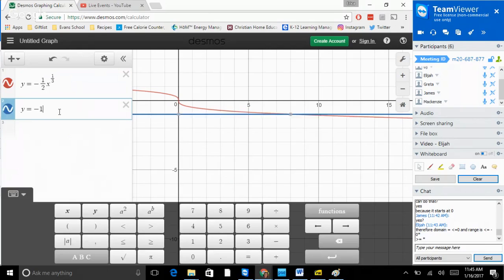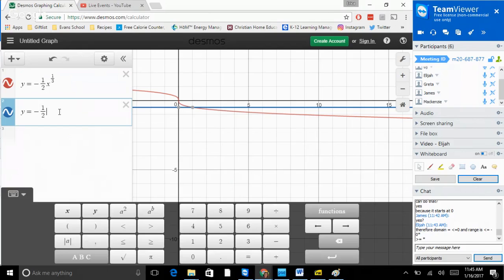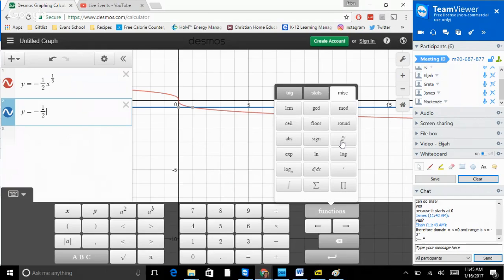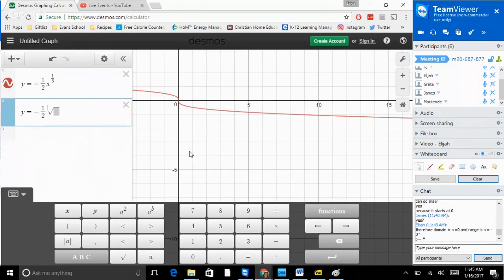It's in there somewhere. I think it's under functions. Where do we find it? Miscellaneous functions. Here we go. So you can find it under functions with this little n square root. So you can do cube root of x. Both of those are valid ways to write the cube root in Desmos.